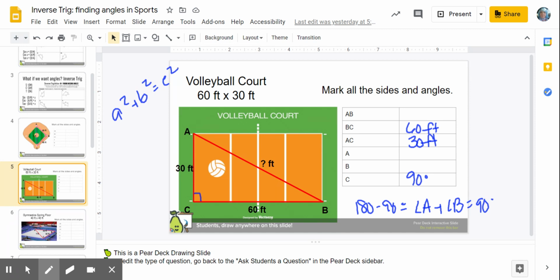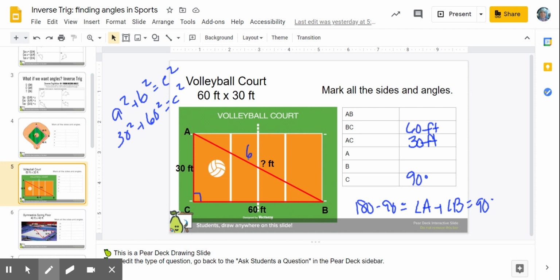And what's my A value? What's my B value? What's my C value? So 30 squared plus 60 squared equals C squared, right? What is it?